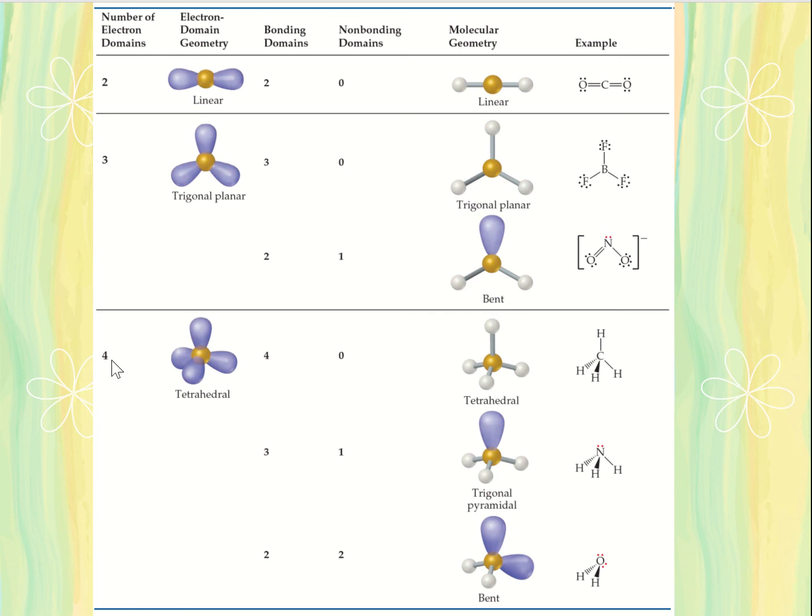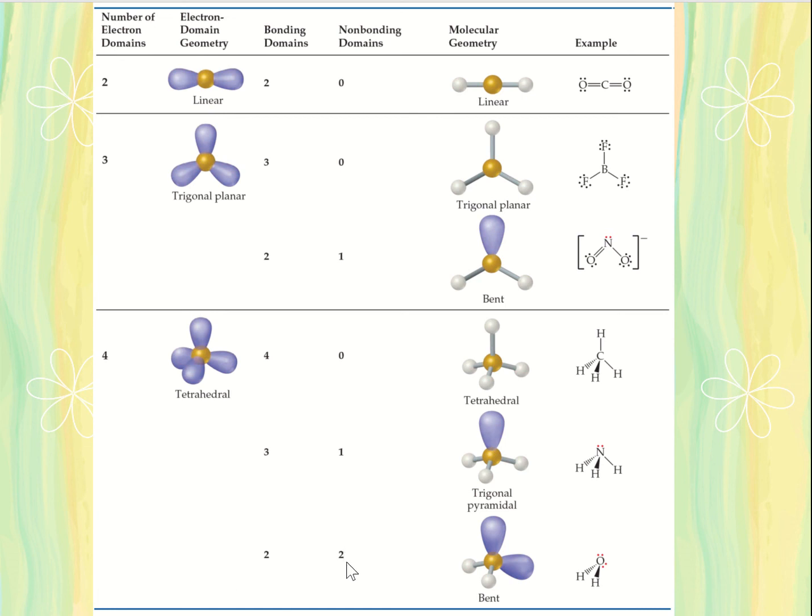For 4 electron domains here, that is tetrahedral, right, as we saw, and if there is no non-bonding pair, as we see with methane here, then the molecular geometry is the same as the electron domain geometry. However, if we have one non-bonding pair, as we saw with ammonia, then that shape is trigonal pyramidal, right?